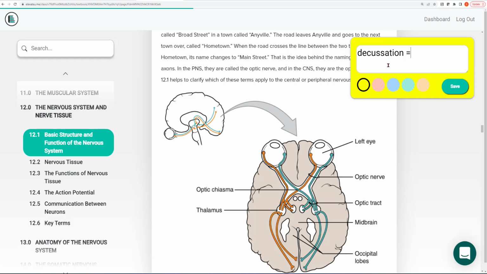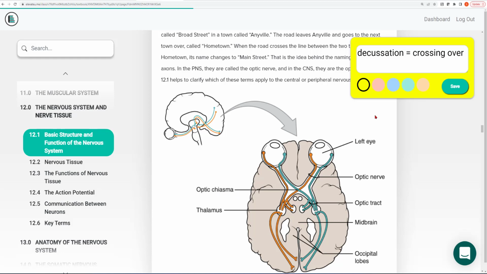That is a term that just means crossing over. And what we see down here is that the nerve is crossing from the left side over to the right side. So that crossing over is called decussation. And in the case of the optic nerve, that is referred to as the optic chiasm.